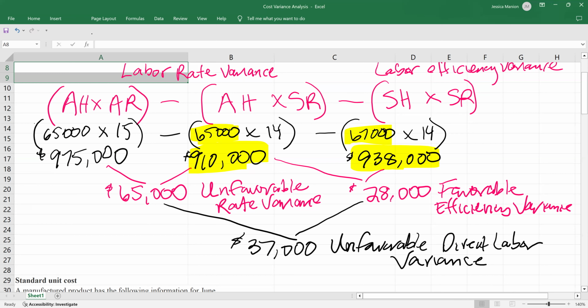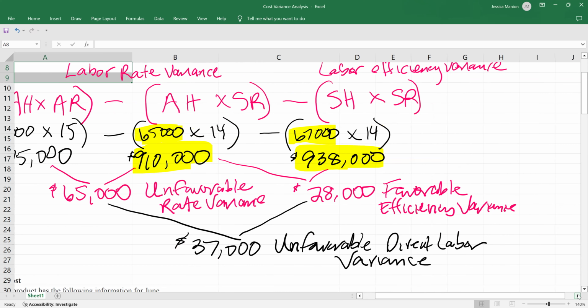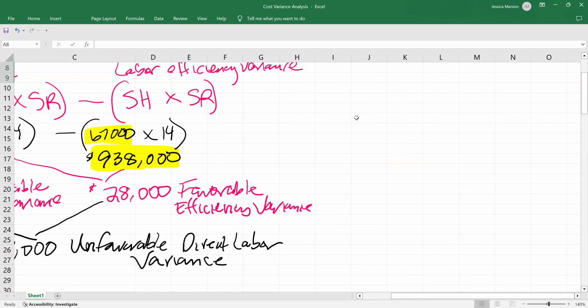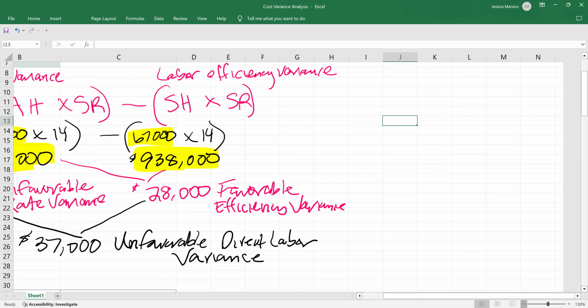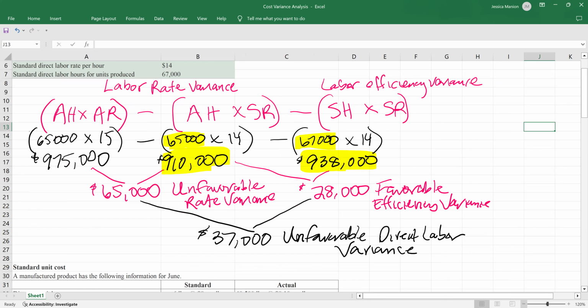Now, one thing we didn't do in class is look at how we would record these. So we're going to add that into here, and I'm just going to scroll over a little bit and show you how we would record this. Let me back out of this, zoom out just a little, so maybe we can still see all of the numbers here.